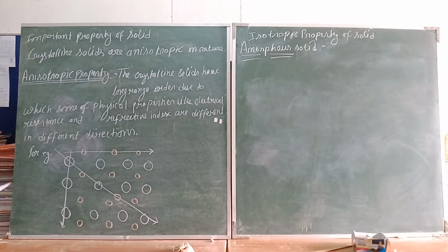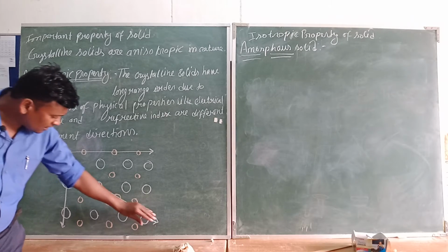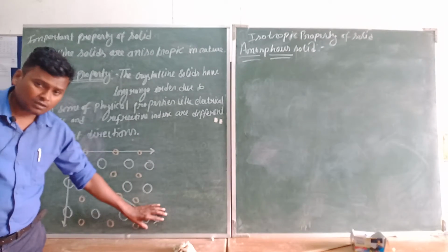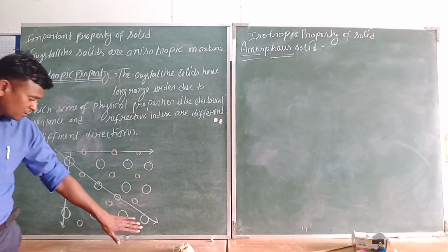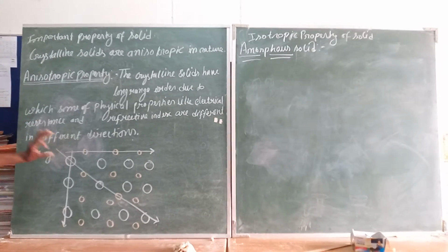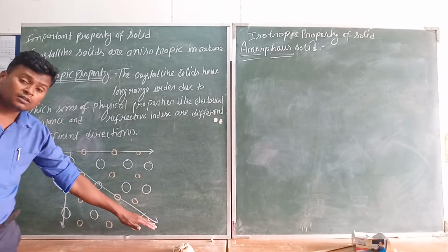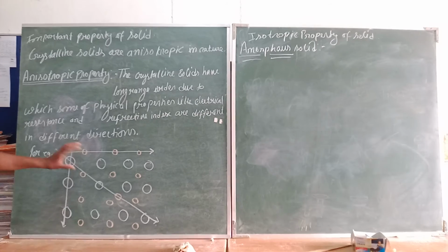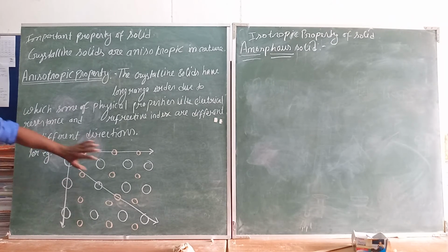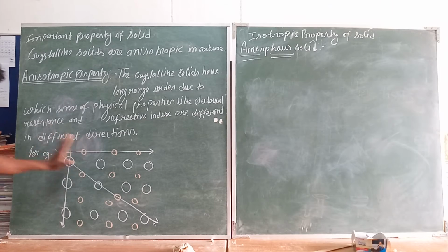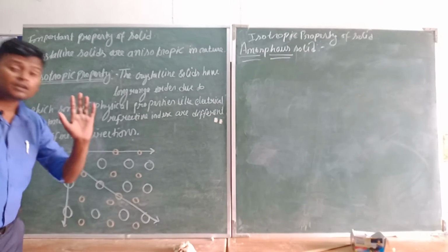So you can see the electrical resistance or the optical property of this crystal is different in this direction. So this property of the crystalline substance is different along different directions.